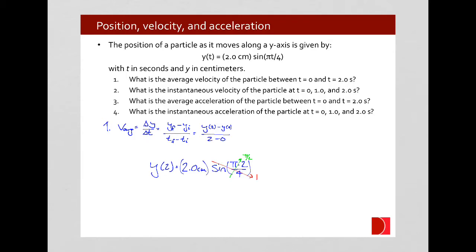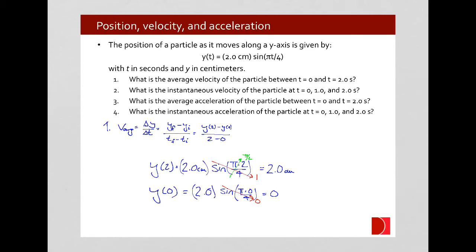And so y of 2 is equal to 1 times 2 centimeters, or 2 centimeters. When we look at y of 0, we'll see sine of pi times 0 over 4. This whole term is going to be 0. Sine of 0 is 0, and so that term is 0.